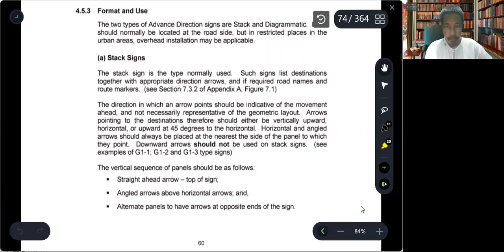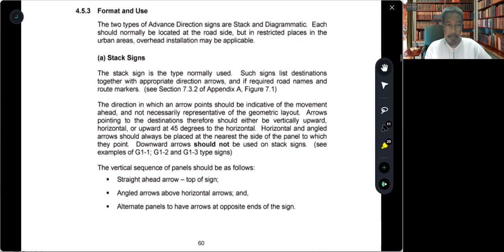And the direction in which an arrow points should be indicative of the movement ahead. Okay, movement ahead, how the users of the road will move. Okay, and not necessarily representative of the geometric layout.